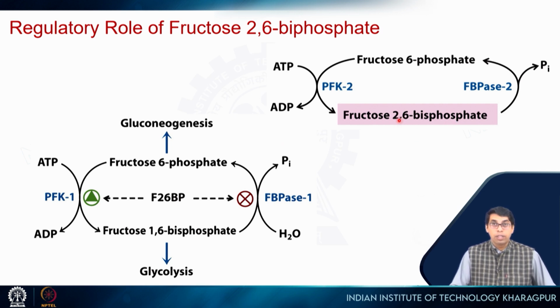Once you have this molecule, it will activate PFK1, so it will activate glycolysis, and it inactivates FBPase1, so it will inactivate gluconeogenesis. So, this molecule allows glycolysis and stops gluconeogenesis. When you do not have this, then you will have gluconeogenesis and no glycolysis, right. So, it will not allow both steps and that is how this futile cycle is prevented.